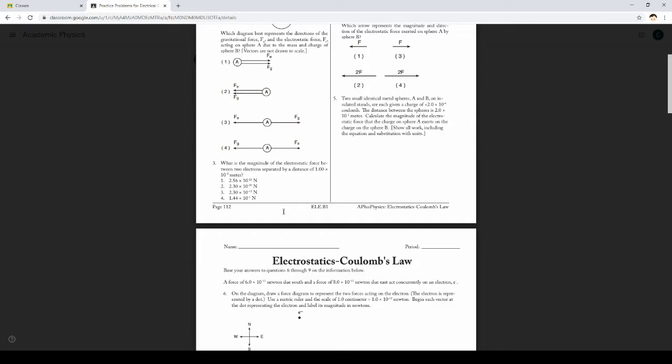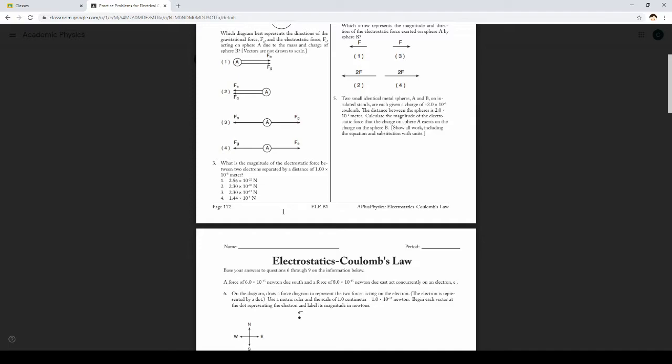You have 9 times 10 to the 9th times 1.6 times 10 to the negative 19th times 1.6 times 10 to the negative 19th divided by 1 times 10 to the negative 8th squared. 10 to the negative 8th in the denominator squared becomes 10 to the negative 16th. 10 to the negative 16th kind of cancels out with one of those 10 to the negative 19ths in the numerator, so that leaves us with a 10 to the negative 3rd and a 10 to the negative 19th in the numerator, which gives us a 10 to the negative 22nd.